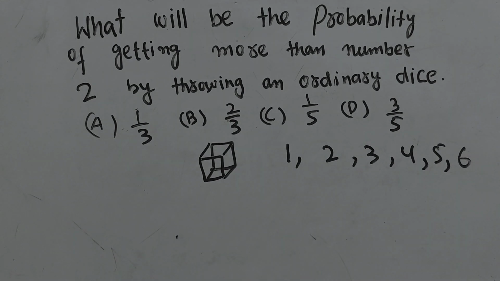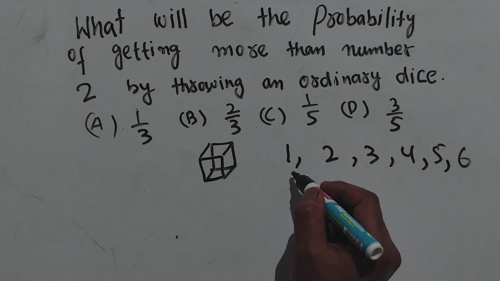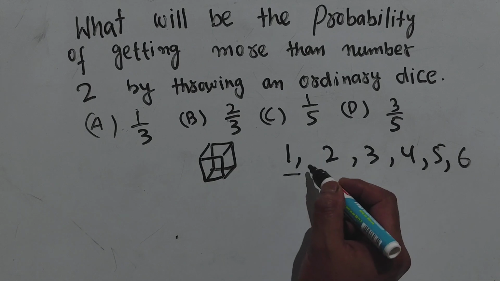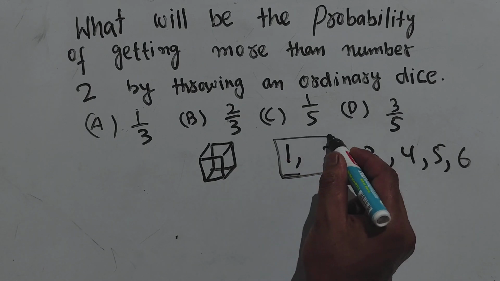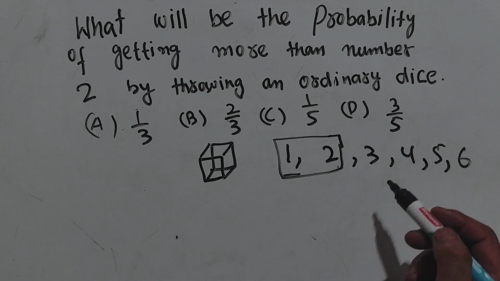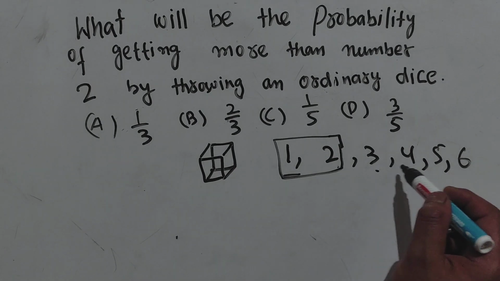The question asks for the probability of getting a number more than 2. So this is 1, which is less than 2. More than 2 means we don't need these. So the favorable outcomes are 3, 4, 5, 6.